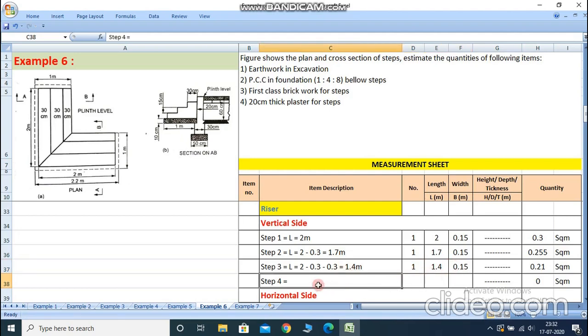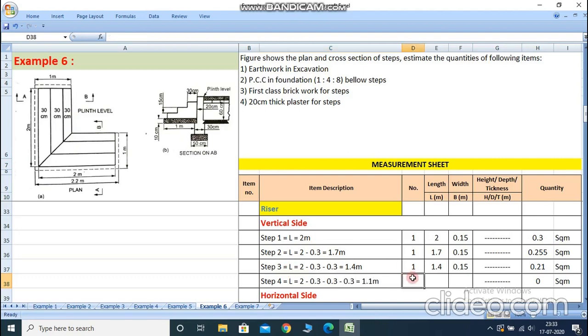Now for step 4. Step 4 length L is equal to, total from this line to this line, the length is already given, 2 meter. See this, minus 0.3 minus 0.3 minus 0.3. So here 2 minus 0.9, 2 minus 0.3 minus 0.3 minus 0.3 is equal to 1.1 meter.